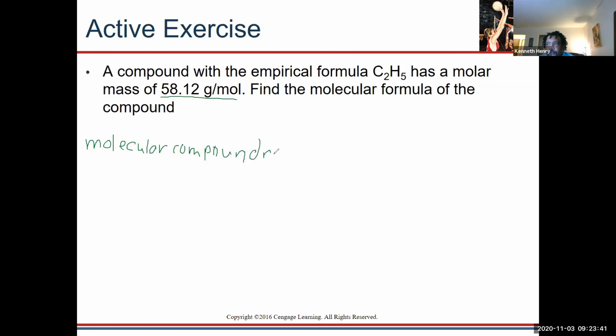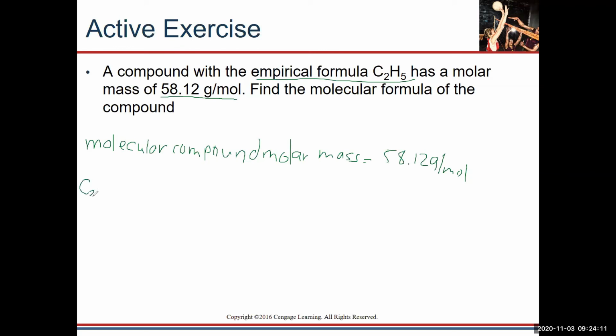Now the empirical formula is also given to us. What is the empirical formula? C2H5.